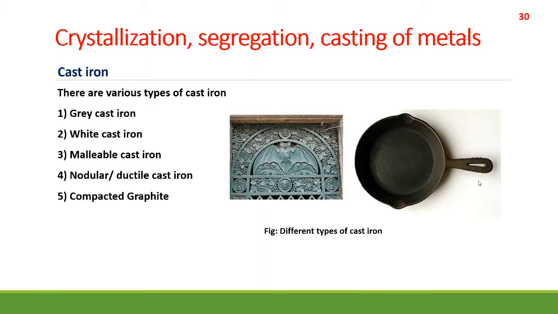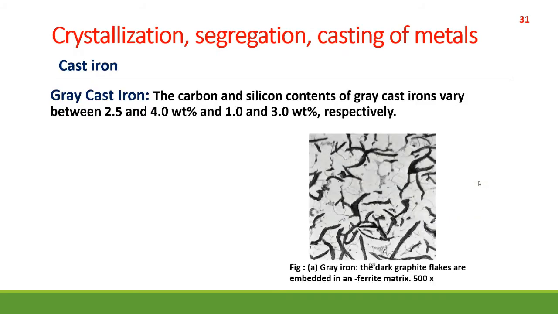Okay, so there are a couple of different types of cast iron, and these are gray cast iron, white cast iron, malleable cast iron, nodular or ductile cast iron, and compacted graphite. First we'll start by discussing gray cast iron.